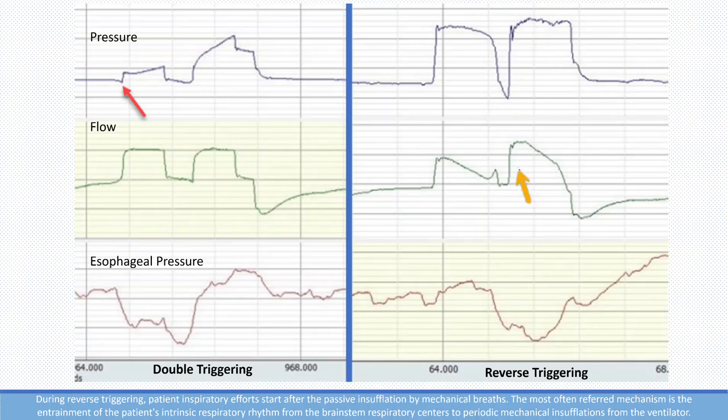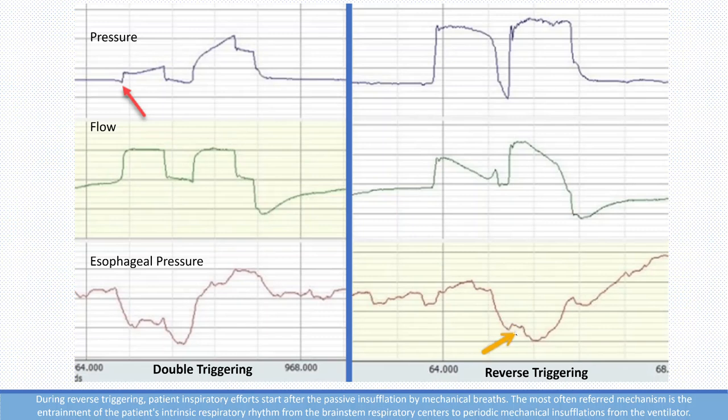However, the flow here is higher than the flow in the first breath. The reason is that the transpulmonary pressure, which is the ventilator pressure or plateau pressure minus the intrathoracic pressure, is higher than the transpulmonary pressure of the first breath, because there was no decrease in the pressure by the patient here.